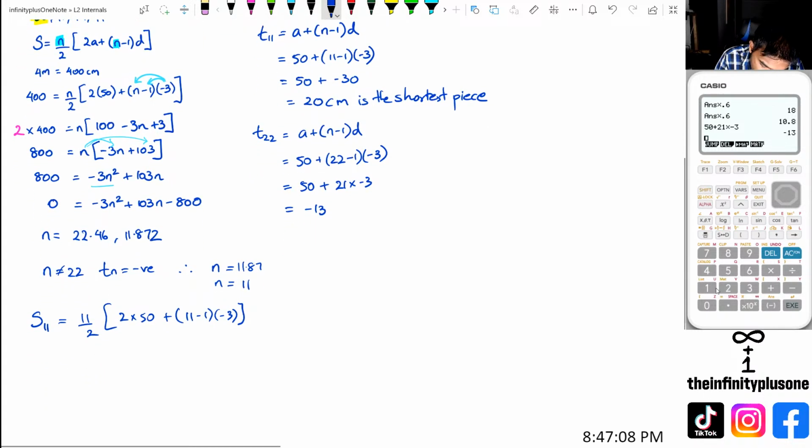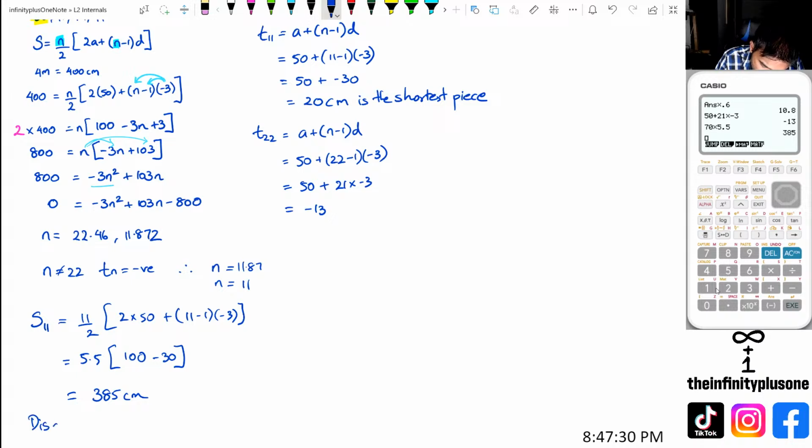When I do this, I'm going to get 5.5, bracket 100, 10 times -3 is -30, so that's going to be 70. So we have 70 times 5.5, which gives me 385 centimeters.